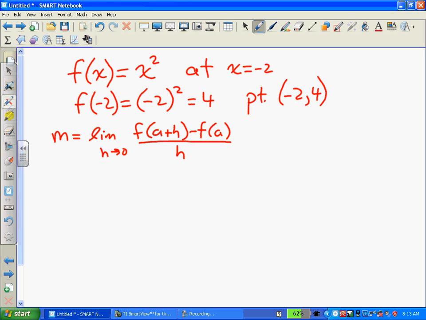A represents the x value at that point. So in this case, we have (-2 plus h) squared minus (-2) squared, and that's over h.